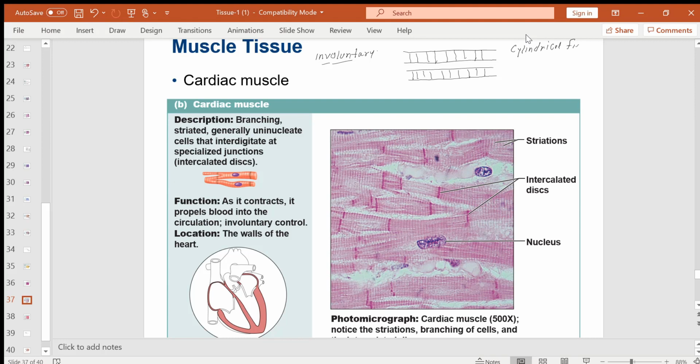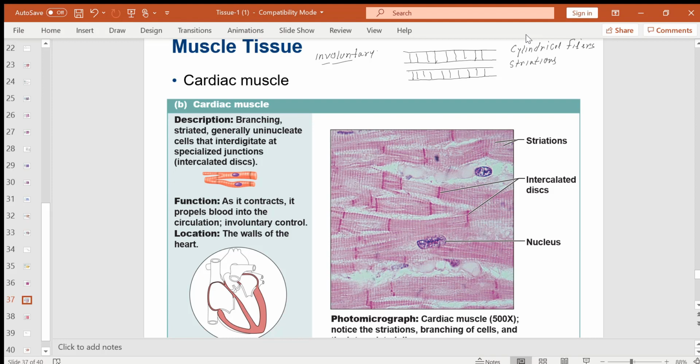However, the cardiac muscle tissue has some special properties or structures.